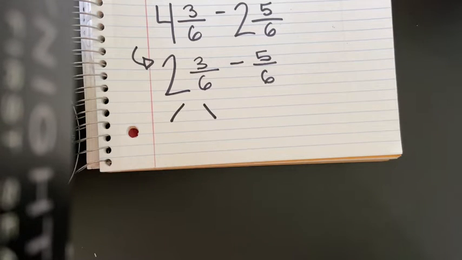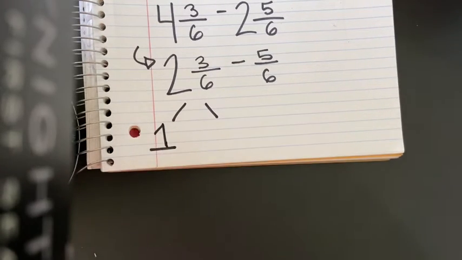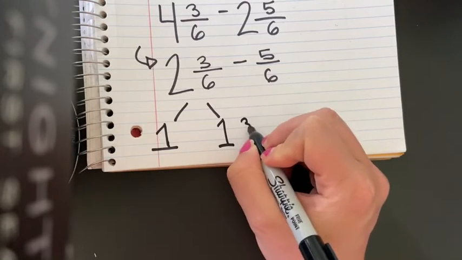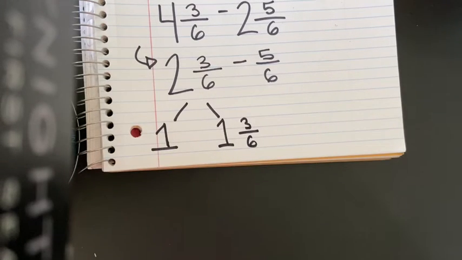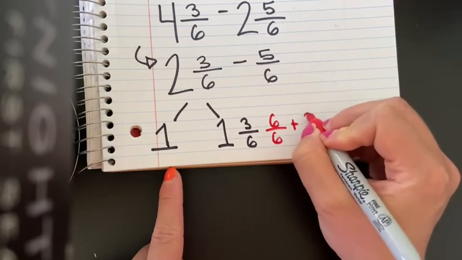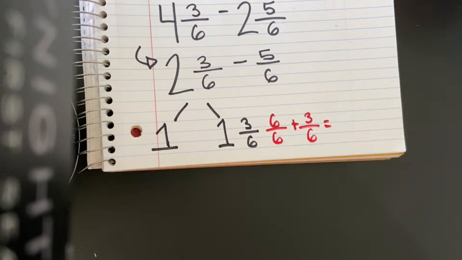So what I'm going to do is, I know that I have 2 whole numbers, so I'm going to receive at least a whole number of 1, leaving me with the mixed number 1 and 3/6. Well, I know that since my denominator is 6, I can convert my 1 to 6/6 and just add that with the 3/6 to give me my improper fraction.